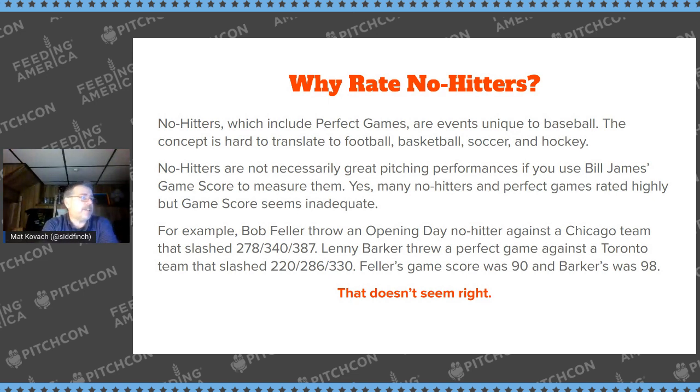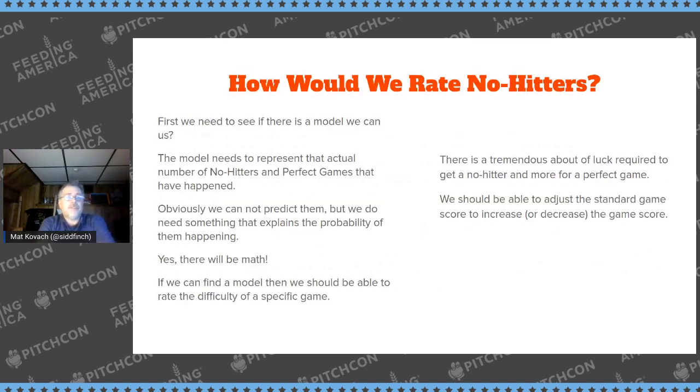So first we had to figure out some sort of model that would describe the probability of a no hitter and the probability of a perfect game. Obviously, a perfect game is a subset of a no hitter. There is some math in here, and I worked really hard to get the math as simple as possible.